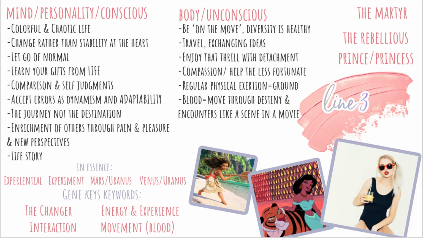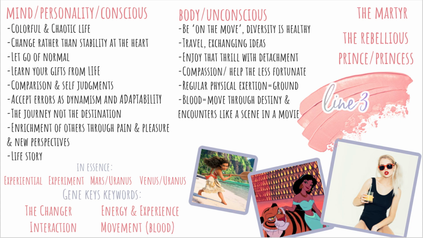So if you have the third line in your body, it's going to be your radiance or your purpose in the Gene Keys. You're here to be on the move, like physically on the move. Diversity is healthy for you. You are here to travel, to live in different places in the world, and even to exchange ideas with other people.